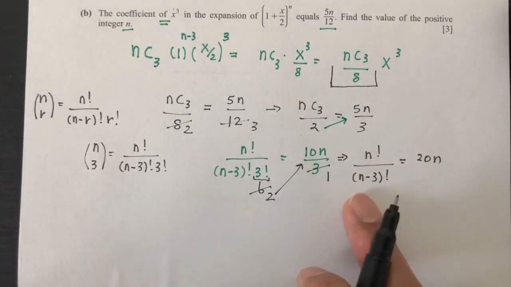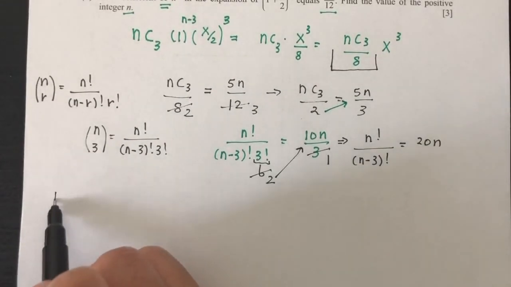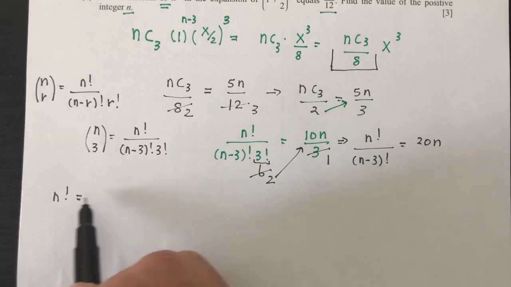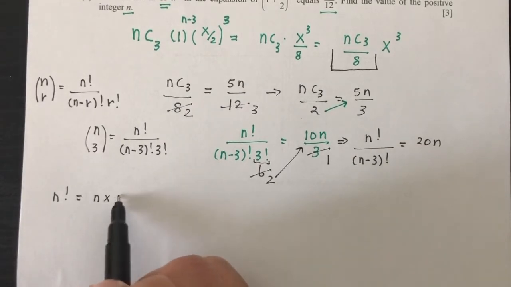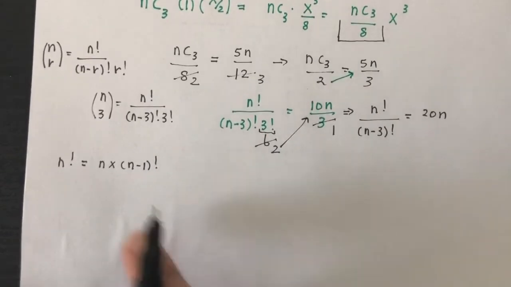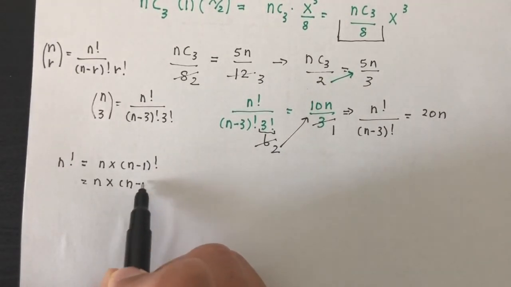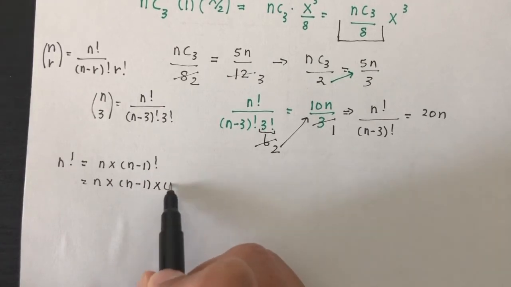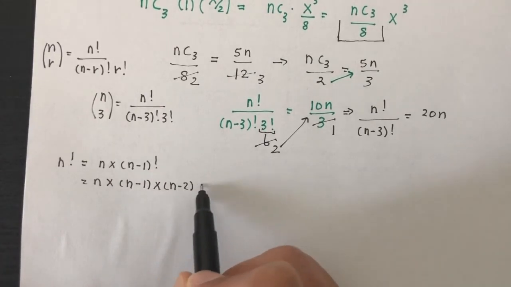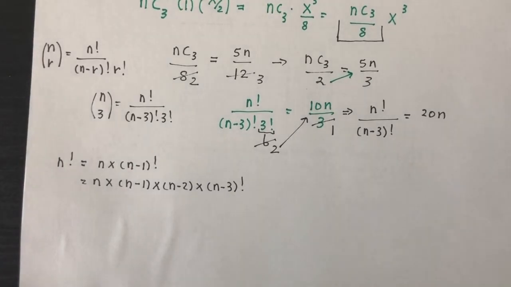Now for this one you have to understand what that is, right? So let's write this down. We have n factorial is equal to what? n times n minus 1 factorial. Now if you want to simplify more, you can have n times n minus 1 times n minus 2 times n minus 3 factorial, as you can see, right?